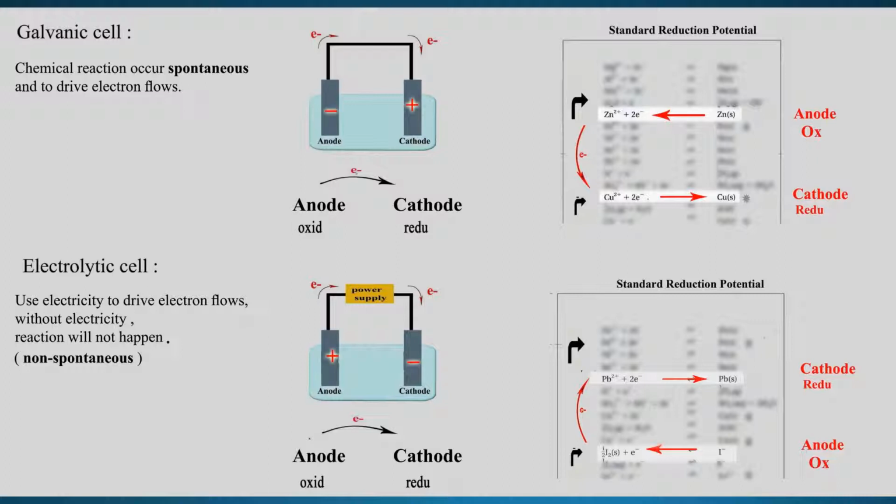You need outside power to drive it up. So in summary, in a galvanic cell, anode flows down to cathode. In an electrolytic cell, anode flows up to cathode. Keep this in mind. Now let's start.